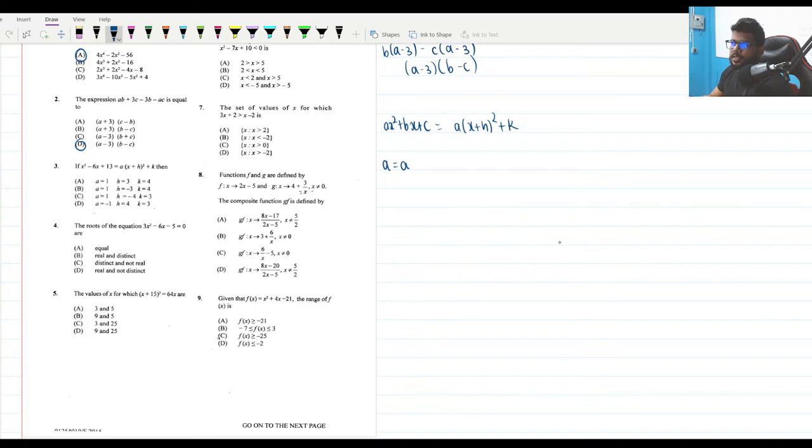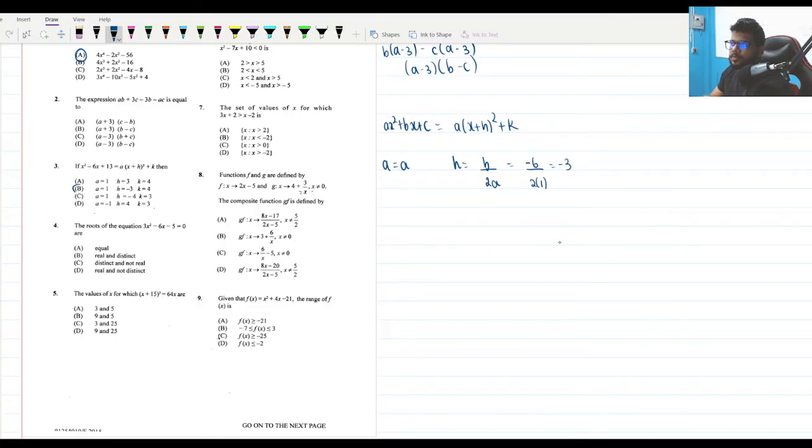So in this case here, a will be 1. So the answers here will be either A, B, or C. H is equal to B over 2A, which in this case, B is minus 6 over 2 into 1, and I get minus 3.